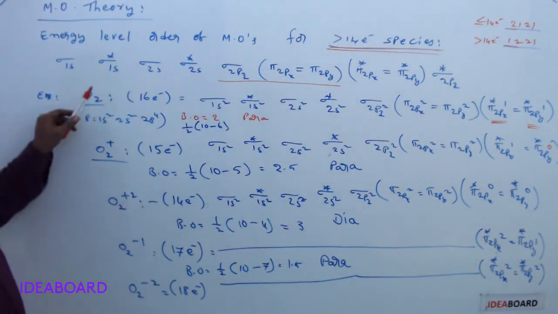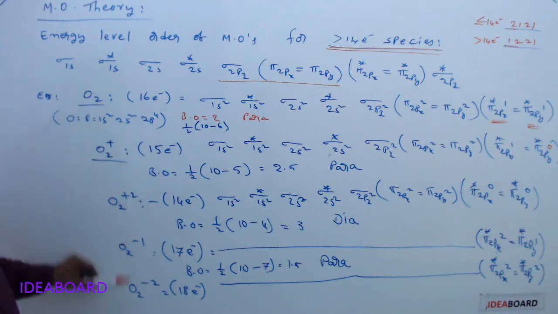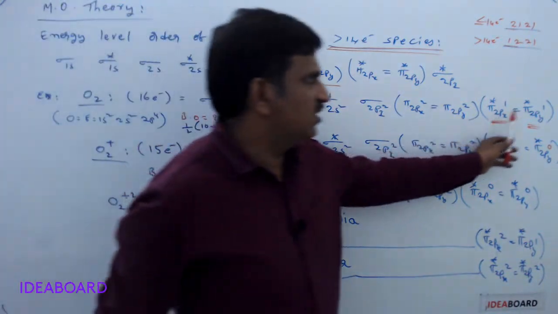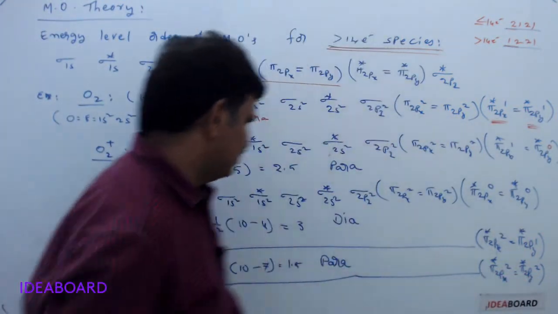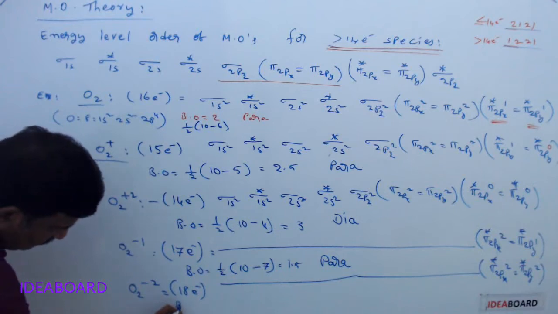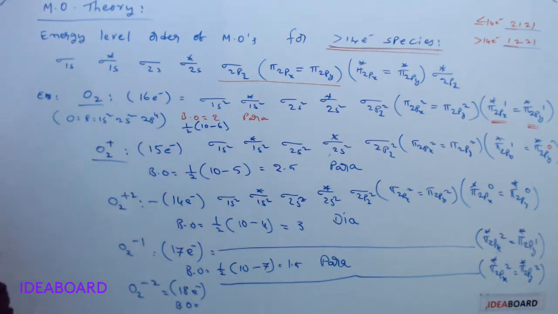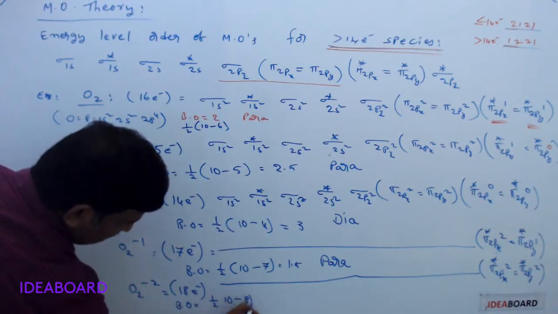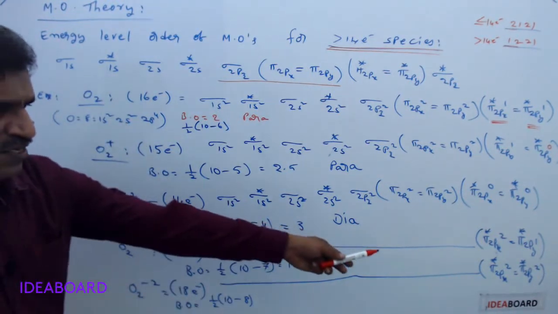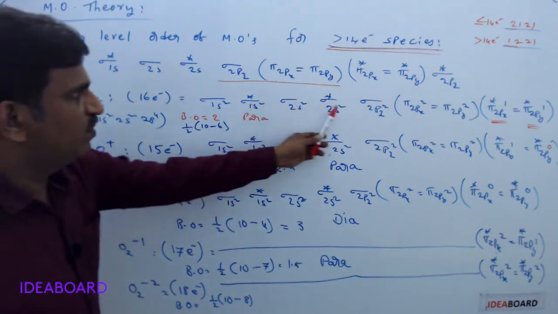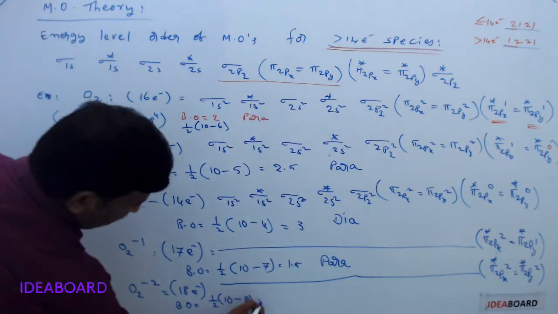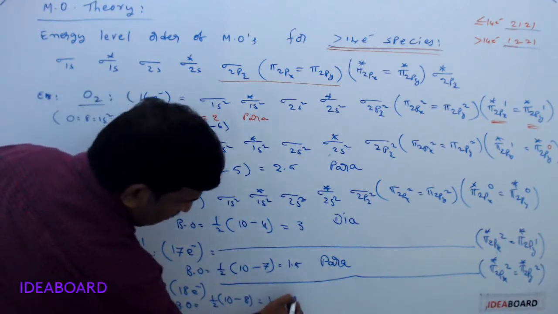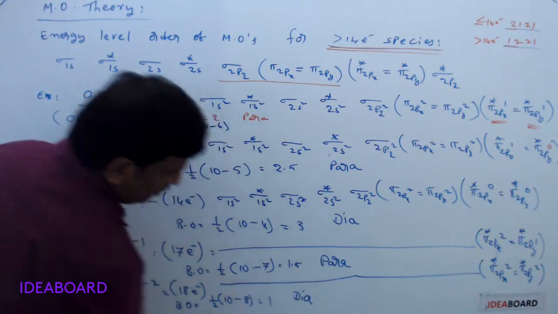If you compare O2 and O2 minus 2, 2 electrons increased here. Those 2 electrons I wrote. Then what is the bond order for this? Bond order is half into 10 minus 8, because anti-bonding electrons are 4 plus the remaining 2 plus 2, so 8. 10 minus 8 means 2 by 2. You will get 1 and no unpaired electron. So it is also diamagnetic.